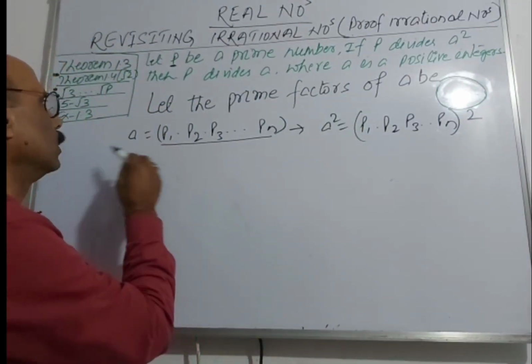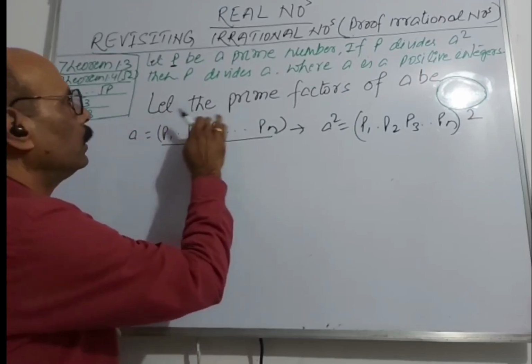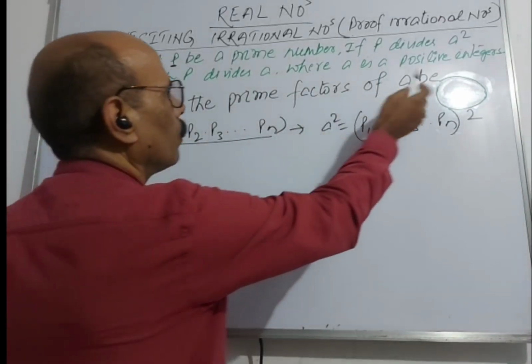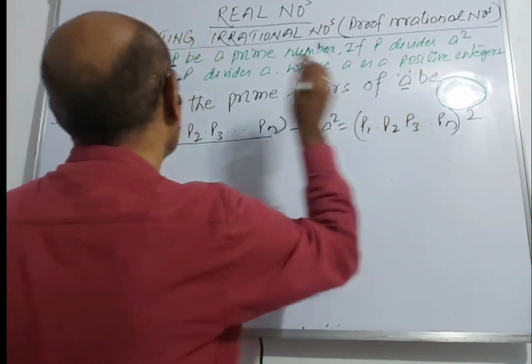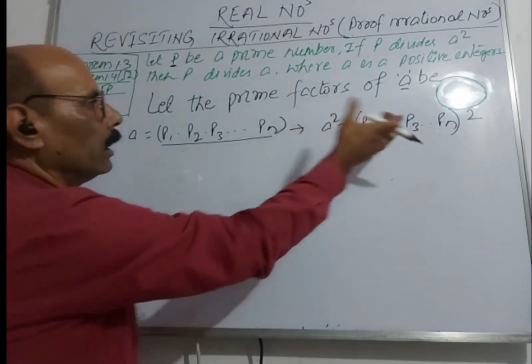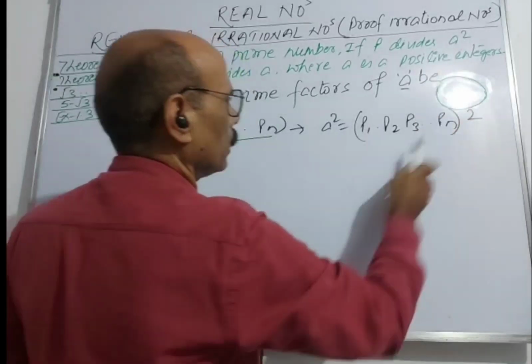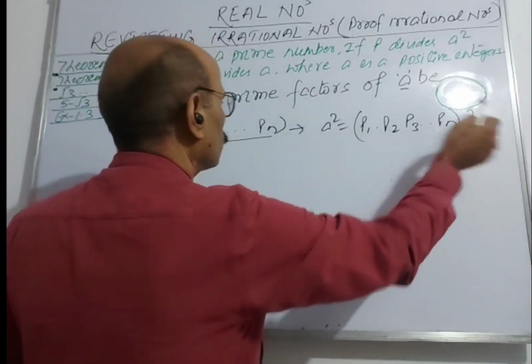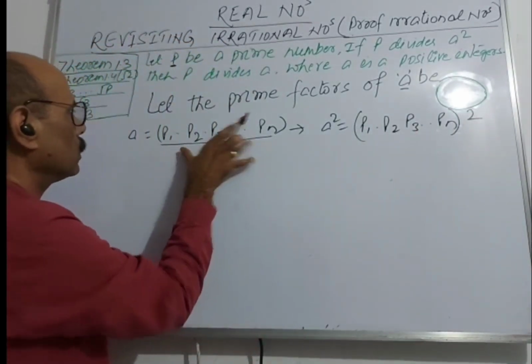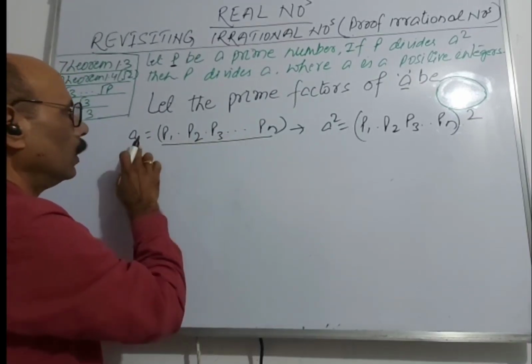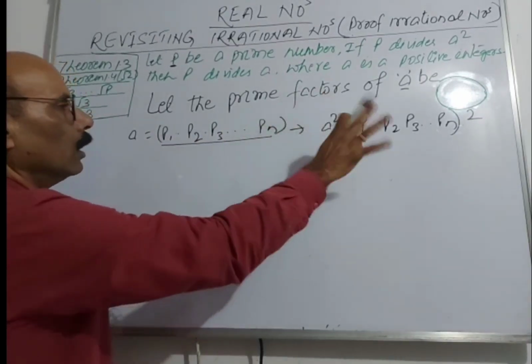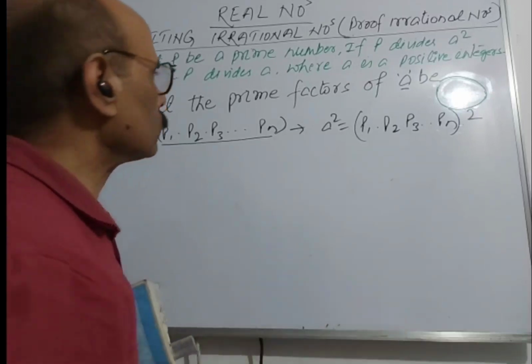So let the prime factorization of a be like this, then a square will be the square of the product of the prime factors. Up to here clear?